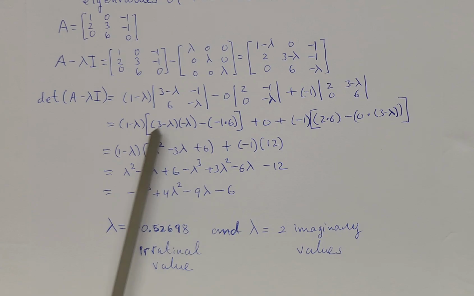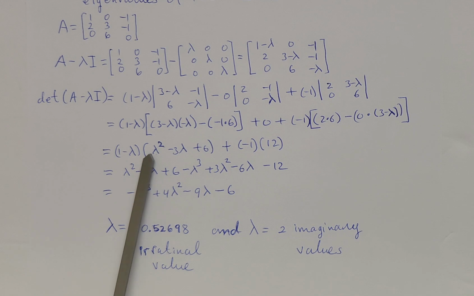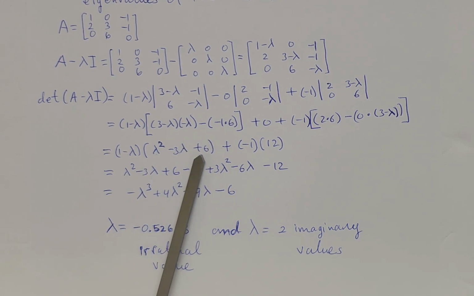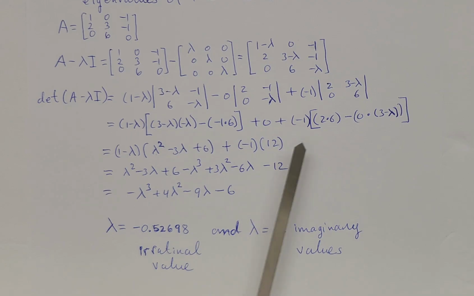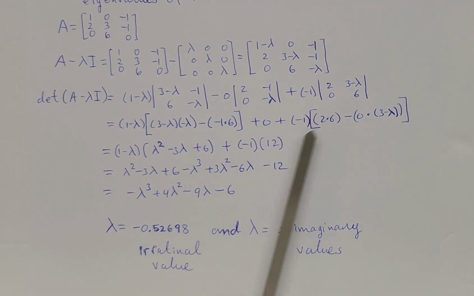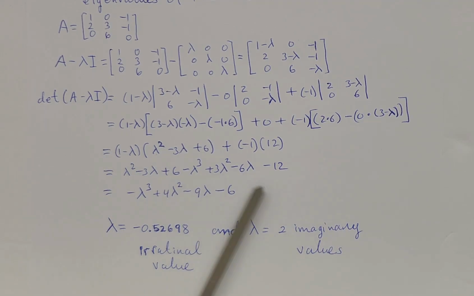When you multiply and simplify, make sure you put it in highest order power down to the lowest. So 3 times negative lambda would be here. Negative lambda times negative lambda will be positive lambda squared. Negative 6 plus 6 is just 0, so bring down this negative 1. 2 times 6 is 12, which is here, and 0 times anything is just 0. Multiply it again and then simplify again.